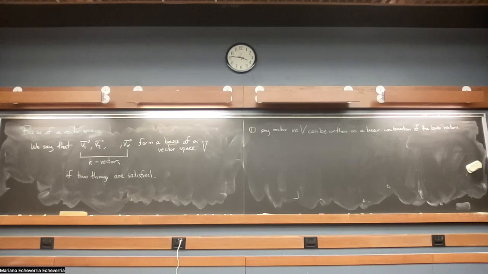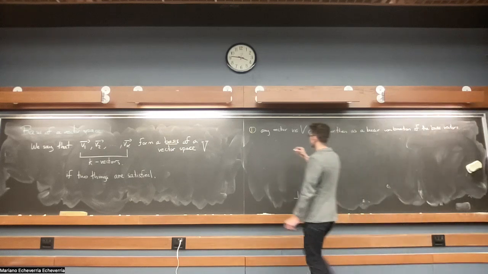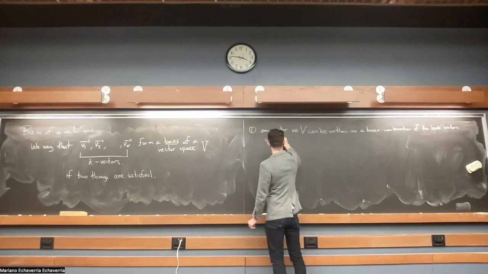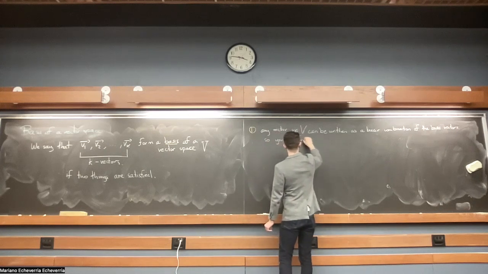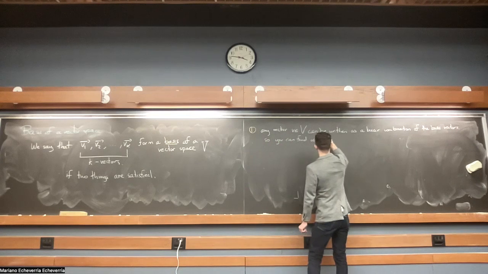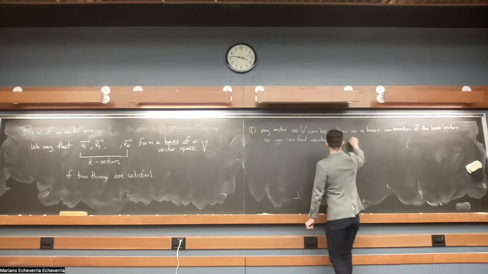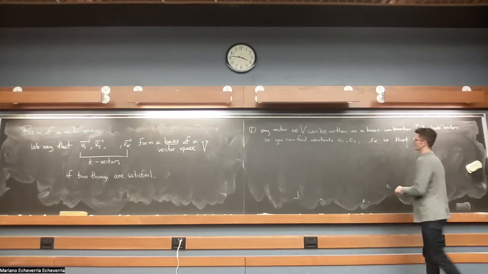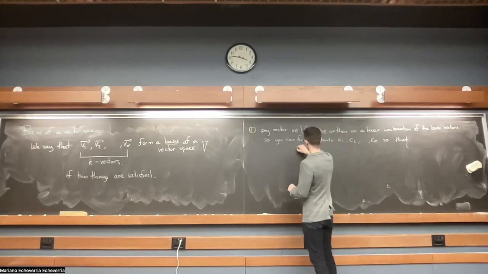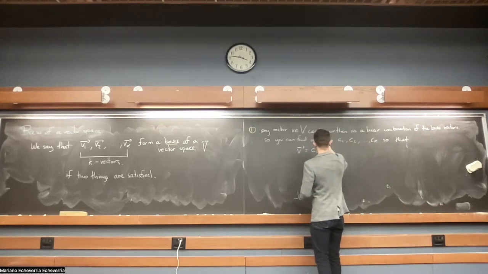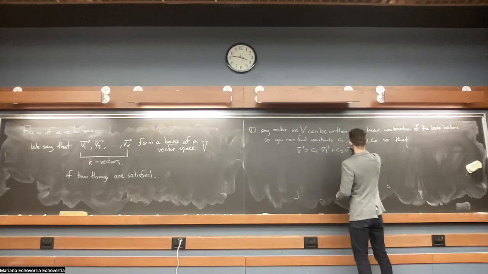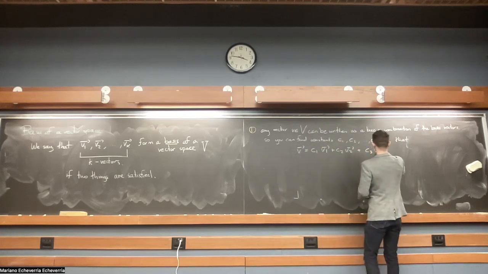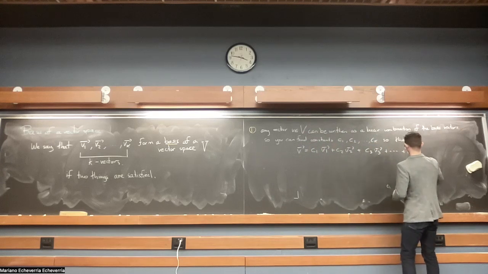Yeah, so the idea is that you can find constants or scalars c1, c2, up to ck, so that v is c1 v1 plus c2 v2 plus c3 v3 plus up to ck vk.